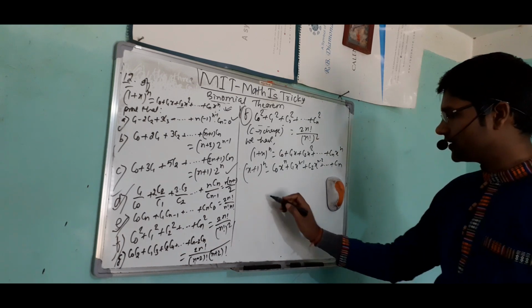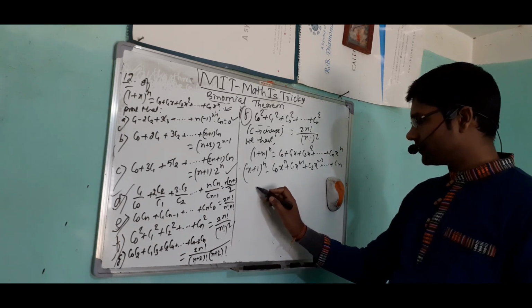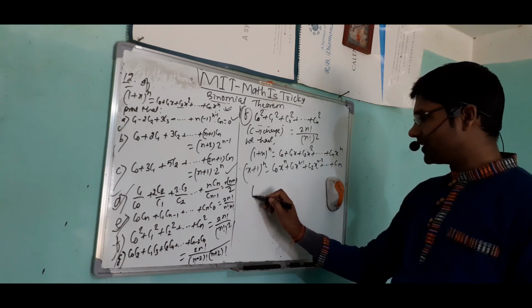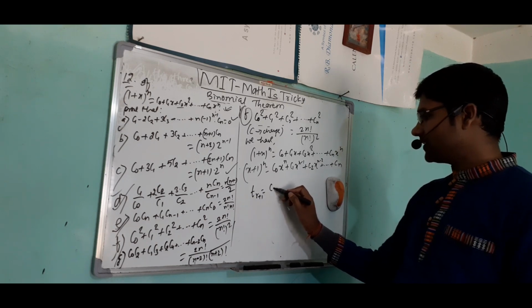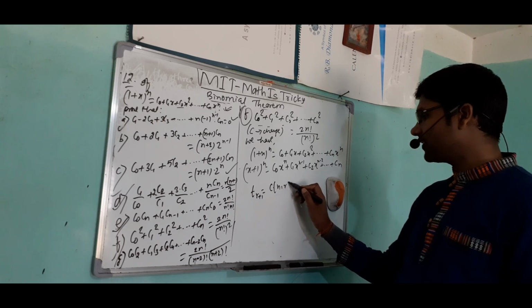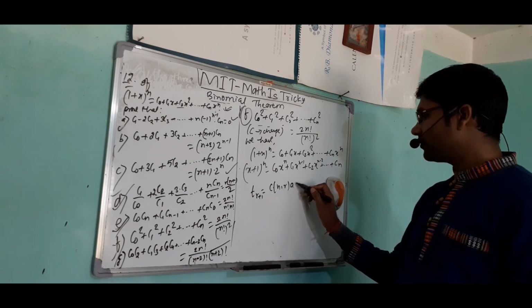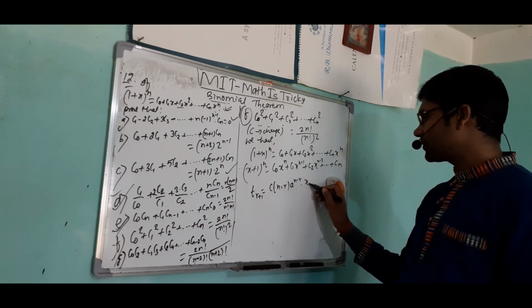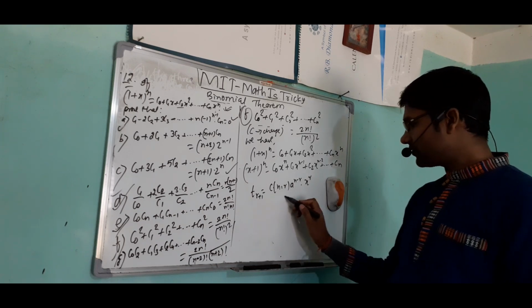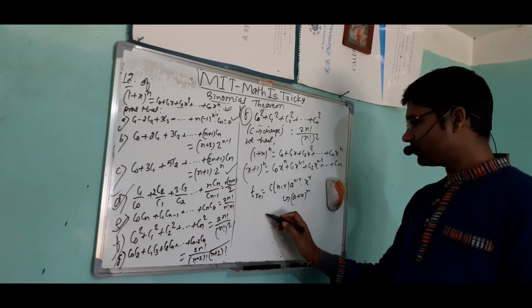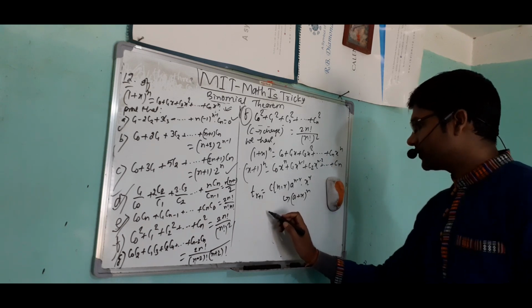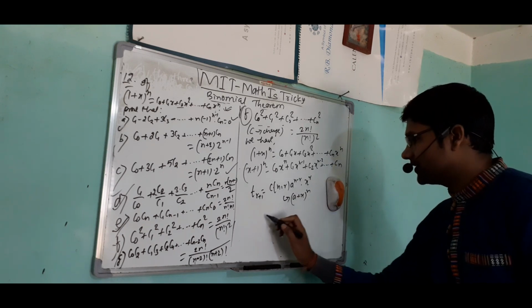So how actually did you get this? See here, I'll just solve and show you. You remember T(r+1) is C(n,r) a power n minus r x power r, isn't it? So this is for (a + x) power n. But if you write here x and a, you can interchange.